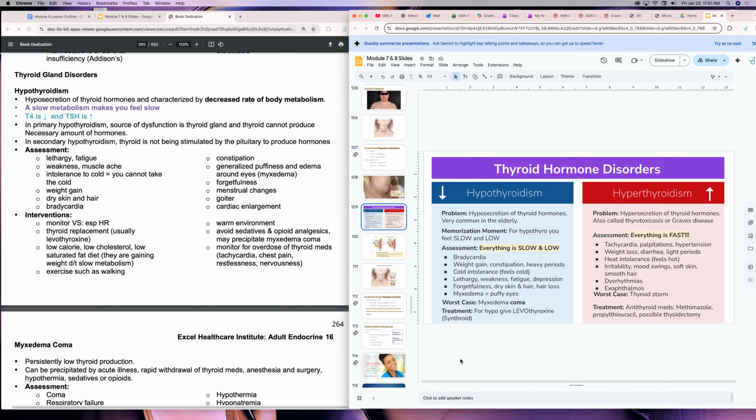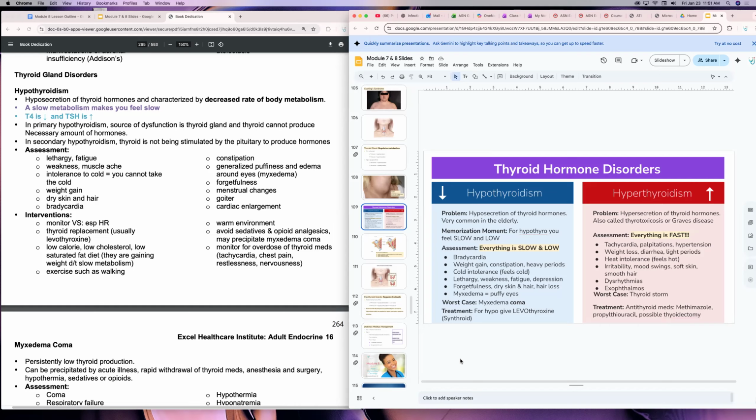Bradycardia, weight gain, constipation, heavy periods, cold intolerance, lethargy, weakness, depression, fatigue, forgetfulness, dry skin, dry hair, hair loss, and myxedema, which means puffy eyes. So just remember, for hypothyroidism, if they're slow, low, cold, depressed, constipated, they're getting bigger, gaining weight, right?